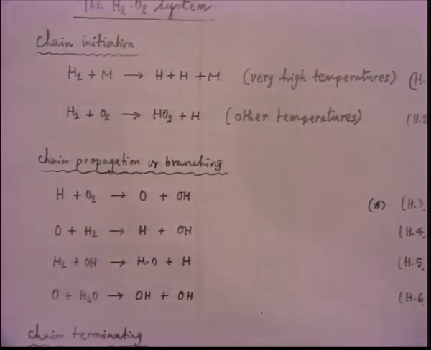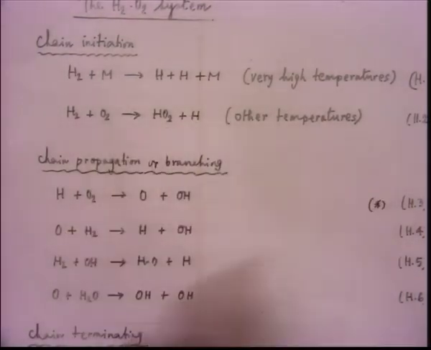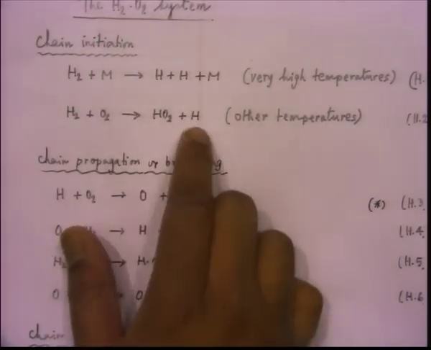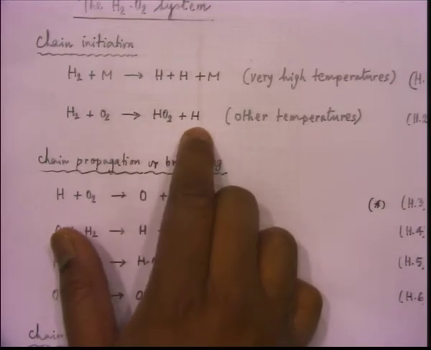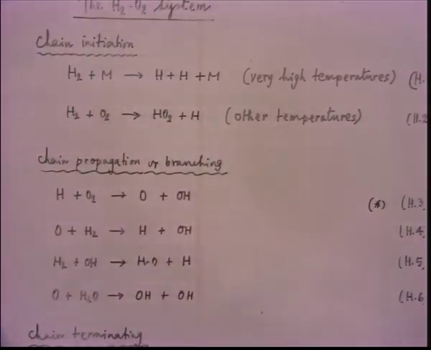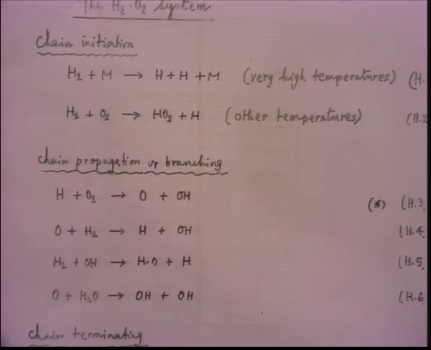So, we call that chain initiation, else it can be H2 plus O2 giving you HO2 plus H at other temperatures. I mean, if the temperature is not that high, then it can be HO2 plus H. HO2 is also a radical, and H of course is hydrogen atom, which is also highly reactive. So, this is the initiation part, and then there will be the propagation part, but the propagation is also with branching.